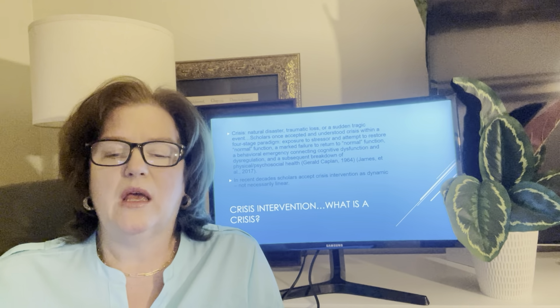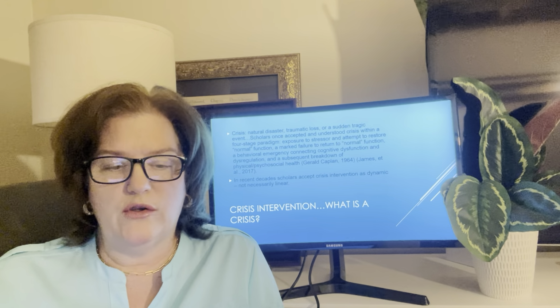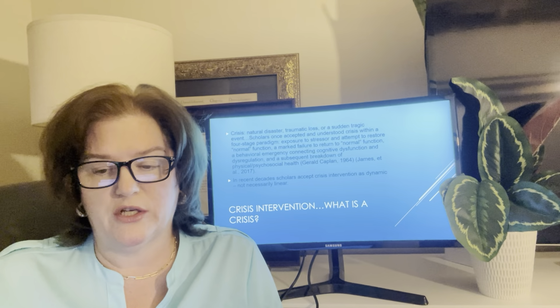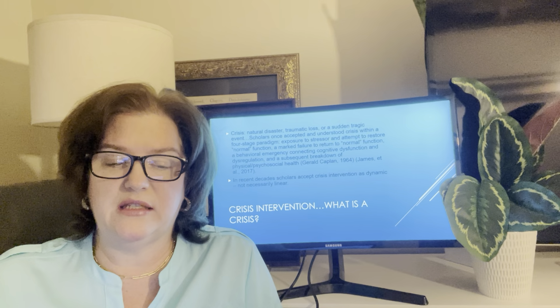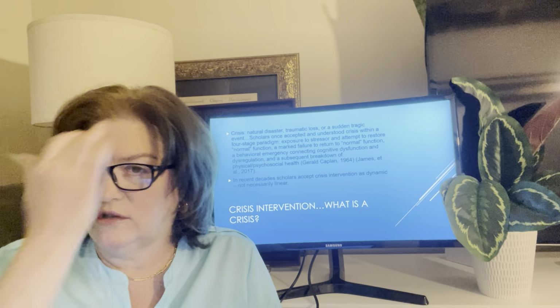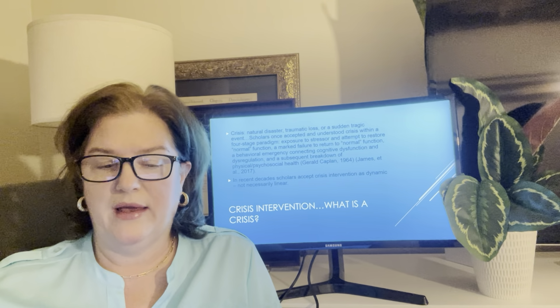It would be exposure to a stressor, an attempt to restore normal function, a marked failure to be able to return to normal function, a behavioral emergency connecting to cognitive dysfunction and dysregulation, and a subsequent breakdown of physical and psychosocial health.